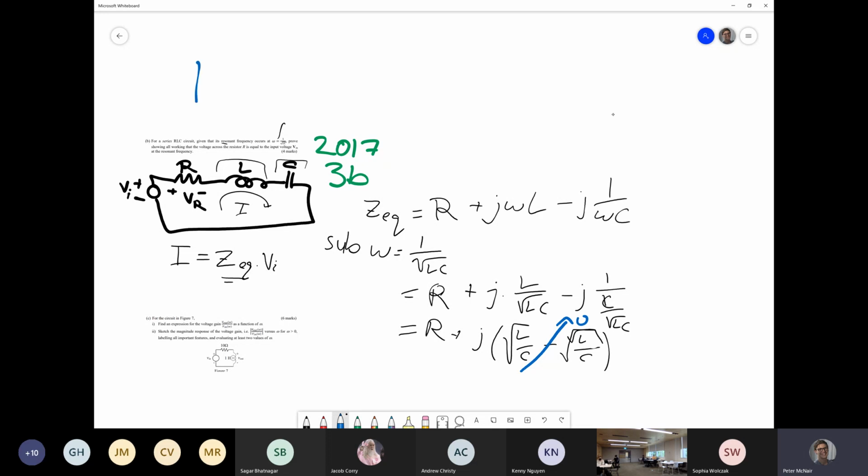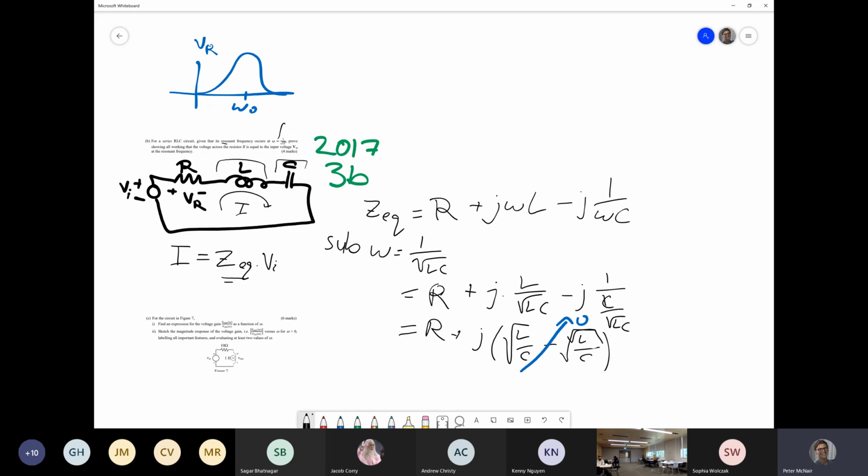It's essentially saying that at some frequency, omega naught, the imaginary part of our impedance will cancel out. And we call this omega naught. And at this point, the maximum voltage across the resistor is achieved because there's no impedance seen by the source from these two reactive components.